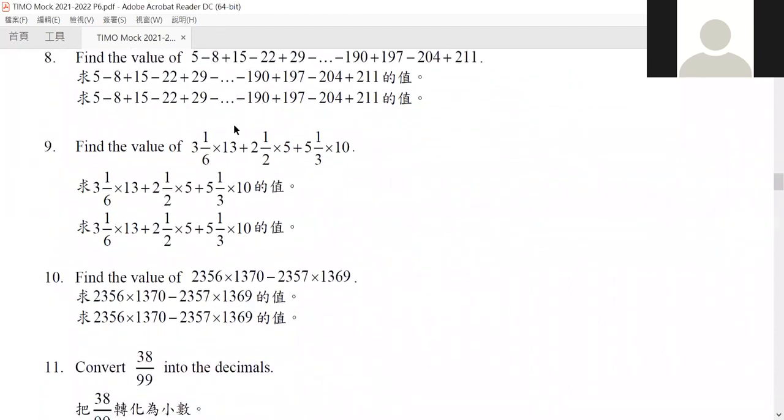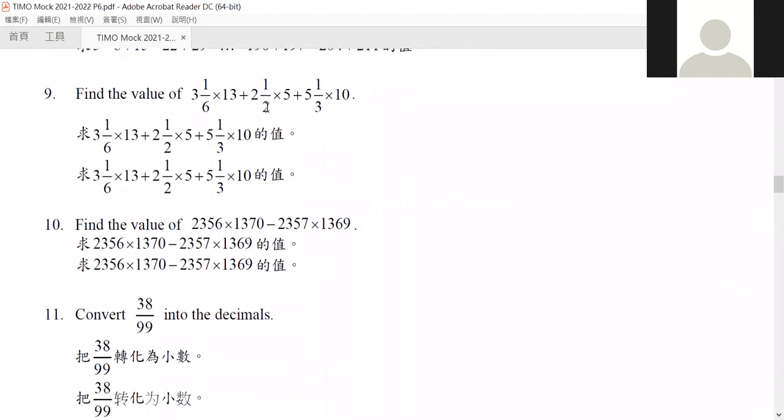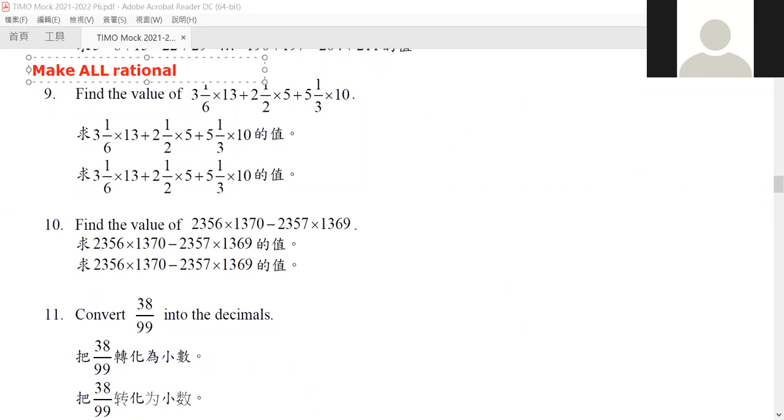Now again, every time you want to compute the multiplication of rational numbers, always remember to make all these numbers pure rationals. So we cannot have a number which carries an integer.